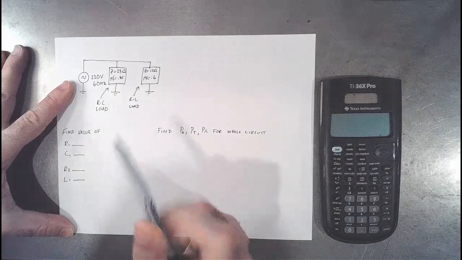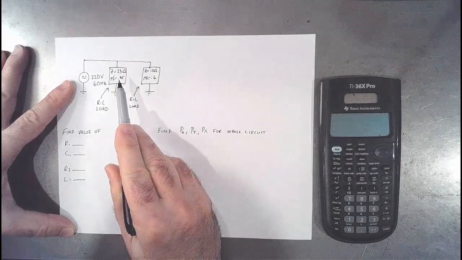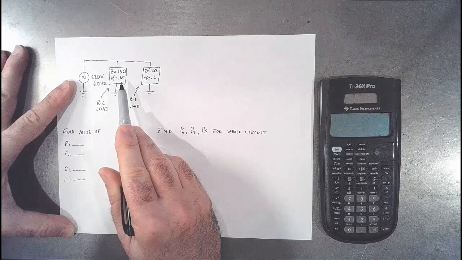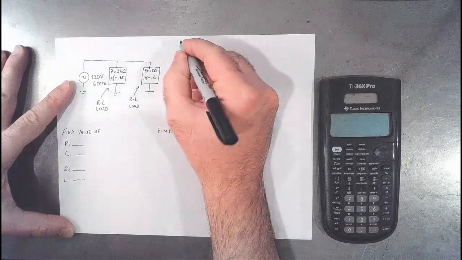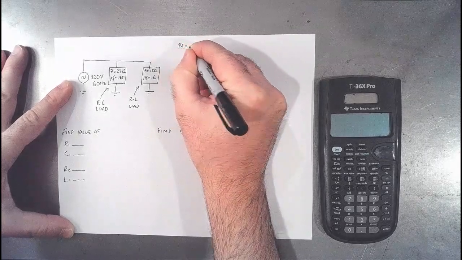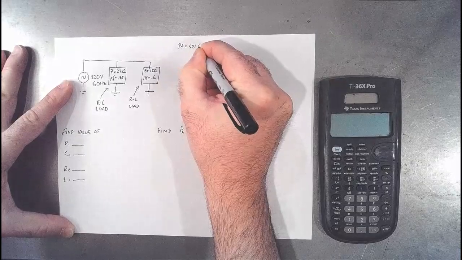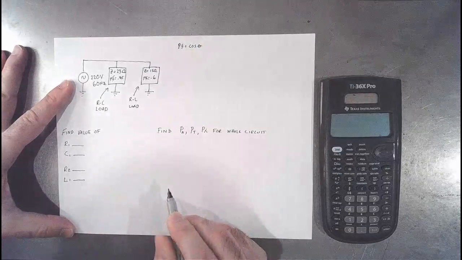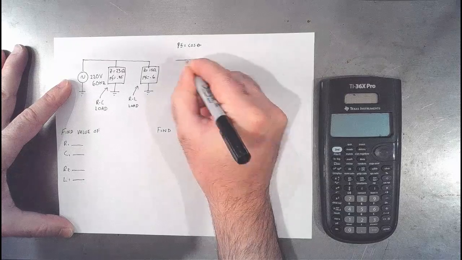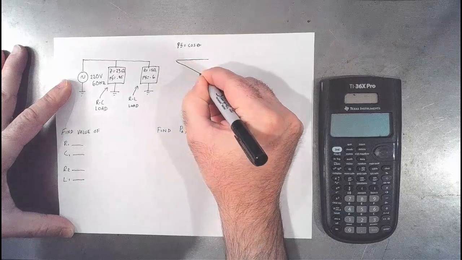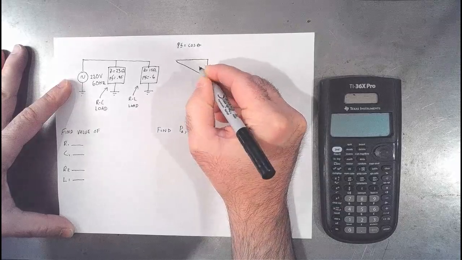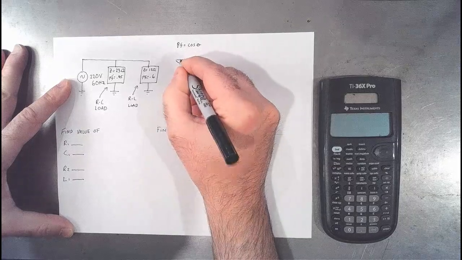Okay. So this one right here, we've got a load of 25 ohms and the power factor is 0.85. Well, we know that the power factor is cosine of theta, where theta is the angle of the impedance. And that theta is also going to be the angle of the power triangle.